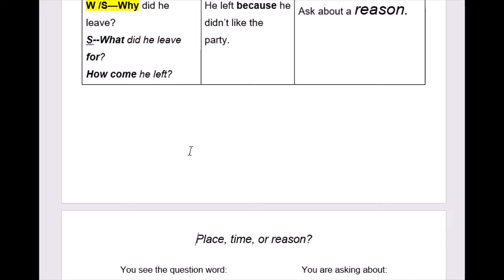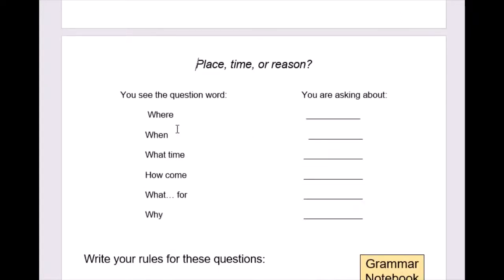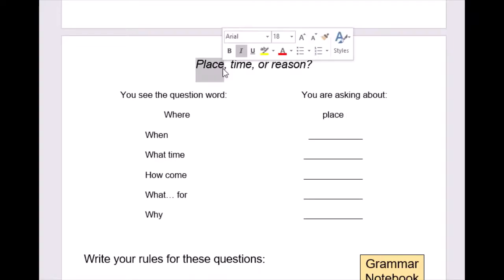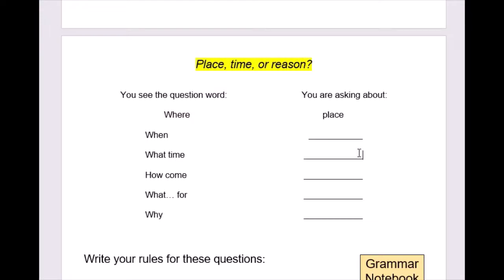In your notebook, when you see a question word where, it means you are asking about what? You're asking about a place. Okay. So place, time, or reason. Okay. When asks about time. What time asks about time, and it is specific. Okay.